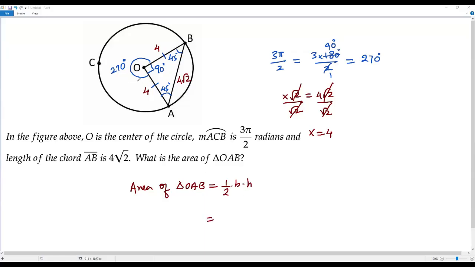Here we have considered OA as the base and OB as the height. So the base of the triangle is 4, so let me plug in 4 for b. And the height of the triangle is also 4, so let me plug in 4 for h. 2 goes into 2 1 times and 2 goes into 4 2 times. Now let's multiply 1 and 2. 1 times 2 is 2. 2 times 4 is 8. Therefore, the area of triangle OAB is 8 square units.